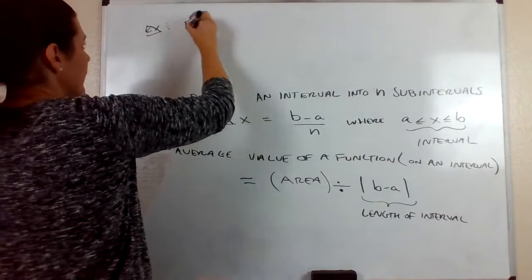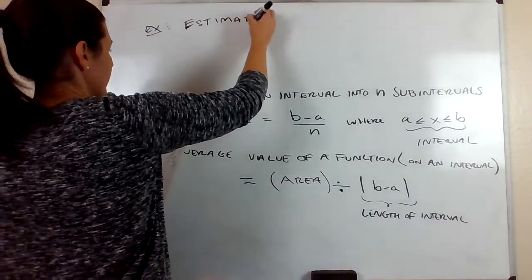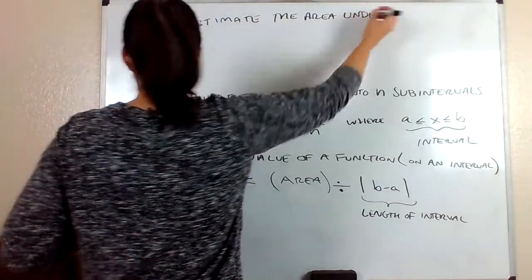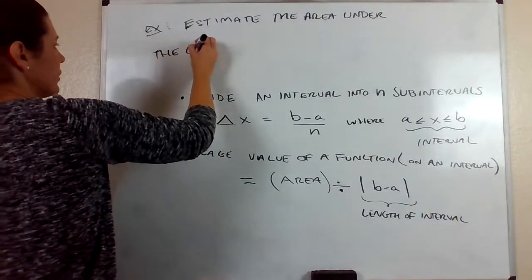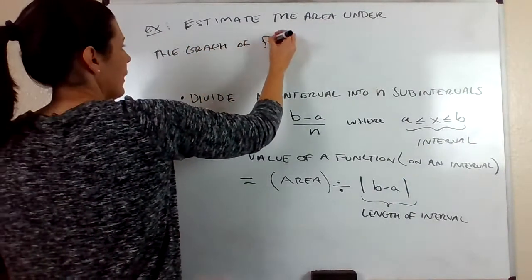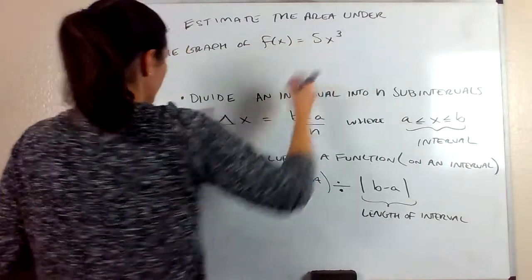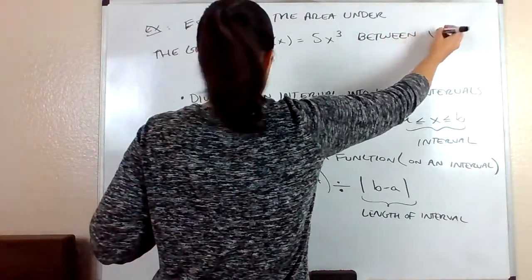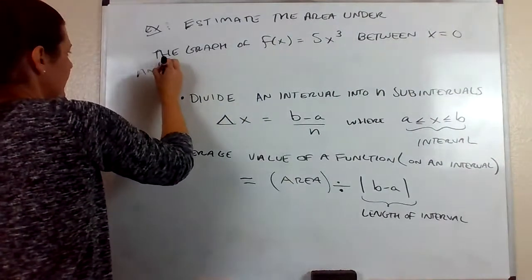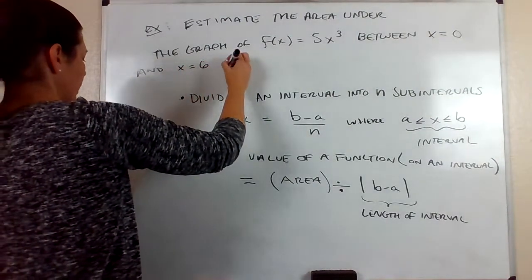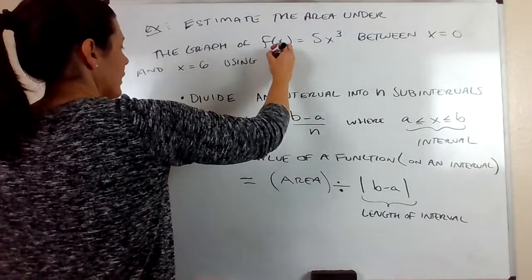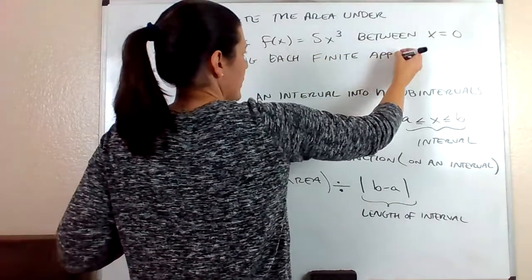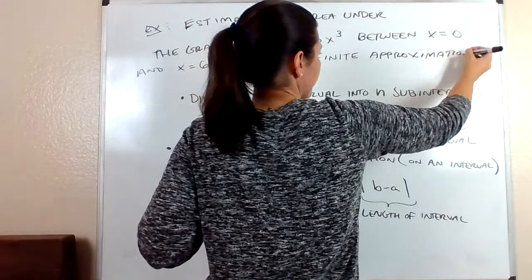We are going to estimate the area under the graph of f of x equals 5x cubed between x equals 0 and x equals 6 using each finite approximation given.